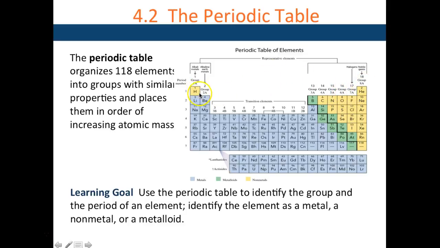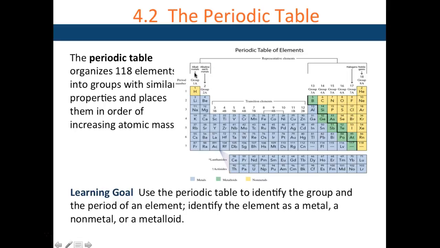So the elements in those A columns are the representative elements. And then you have columns in the middle, and they are the B group elements, the transition elements. And then, as I mentioned, some of these groups have characteristic names.